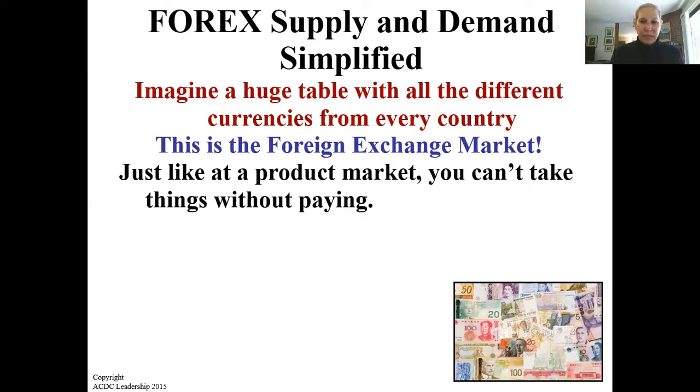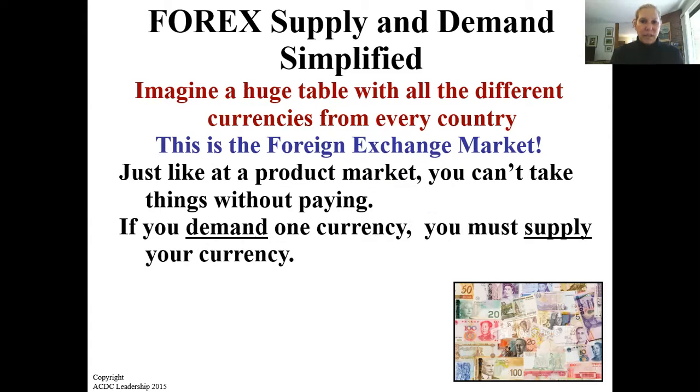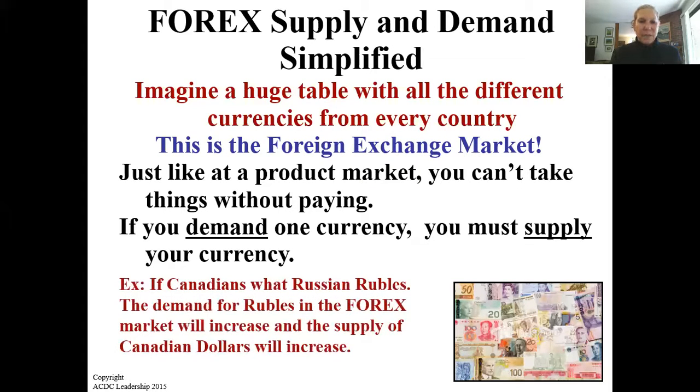Just like a product market, you can't take things without paying. If you demand one currency, you must supply your currency. For example, if Canadians want Russian rubles, the demand for rubles in the foreign exchange market will increase, and the supply of Canadian dollars will increase.